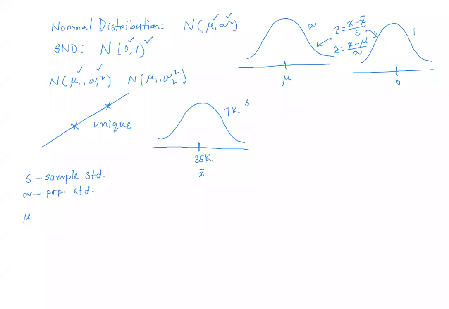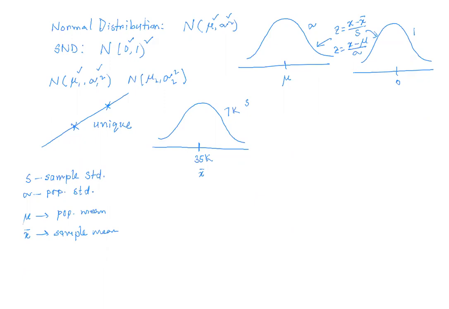Then mu is the population mean and X bar is the sample mean. Is this clear, everybody?